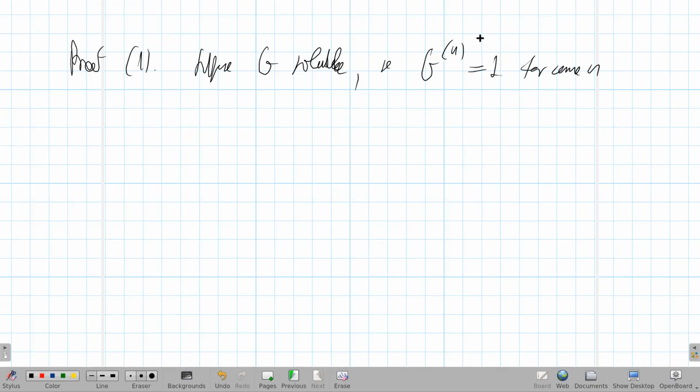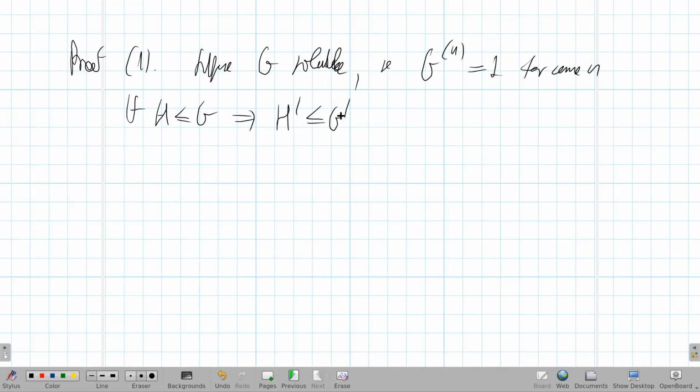It's rather easy to see that if H is contained in G, starting with the first term, then H prime is contained in G prime.